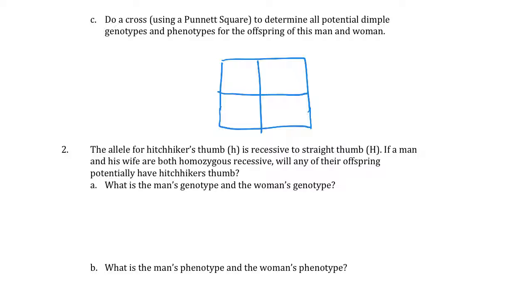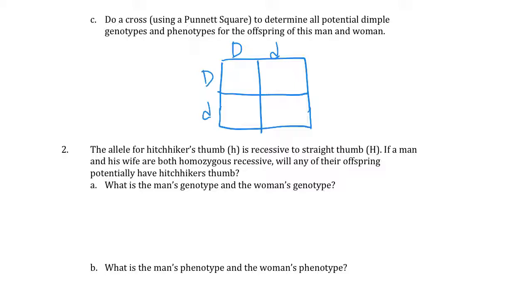I'm going to write the male's genotype at the top, big D, small d. The female's genotype across the left, big D, small d. And figure out what the probability is of them having different types of genotypes for their offspring.